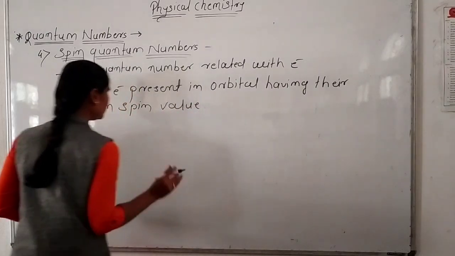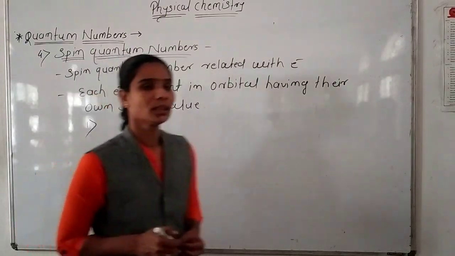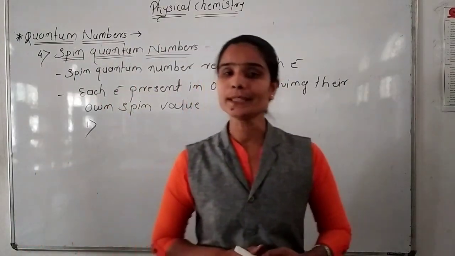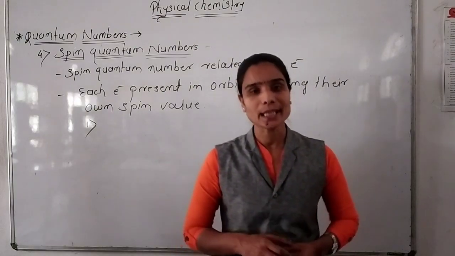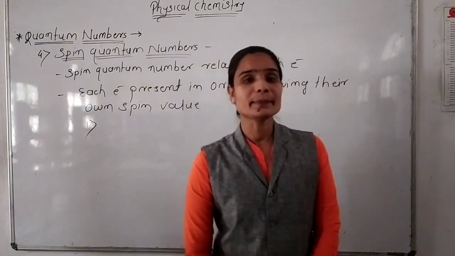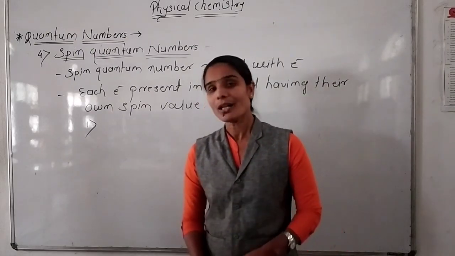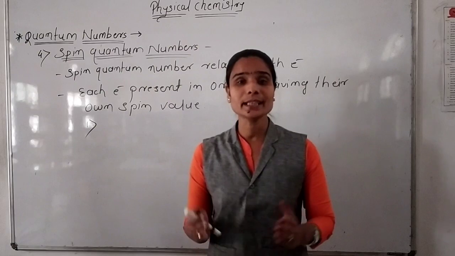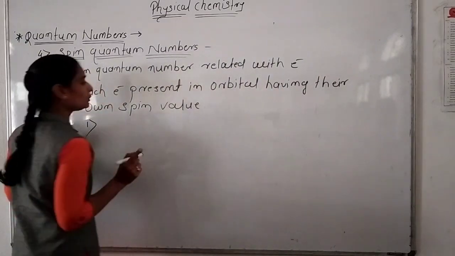Listen. The last quantum number is the spin quantum number, and the word spin is related with the electron. That's why the spin quantum number is related with the electron, because each electron has its own spin value. But there are two conditions.